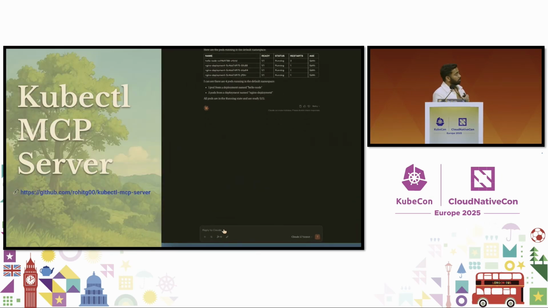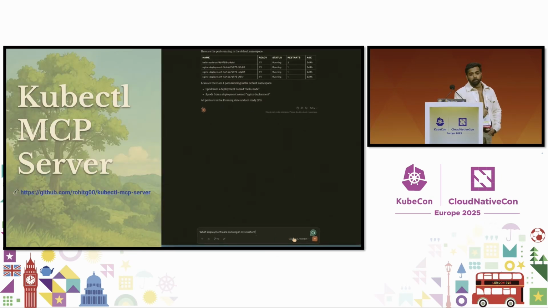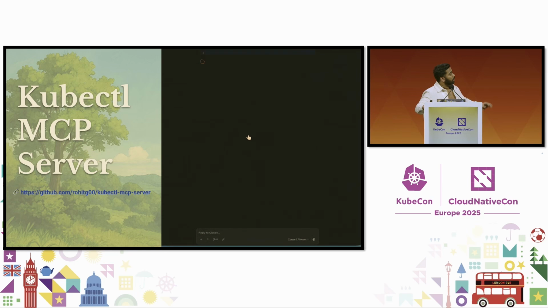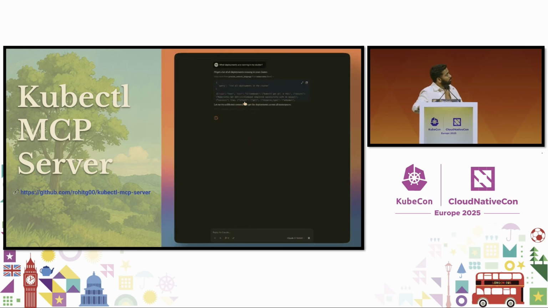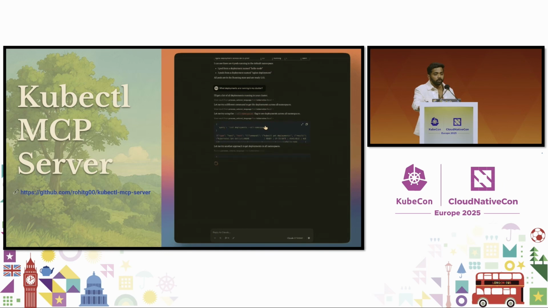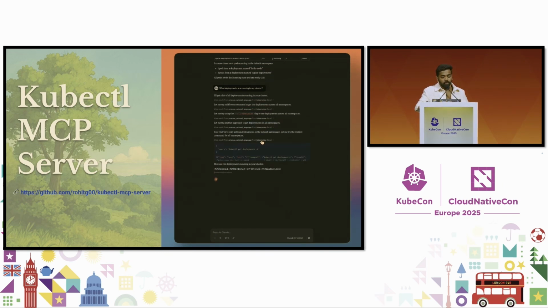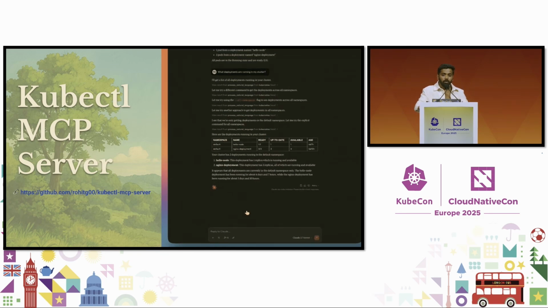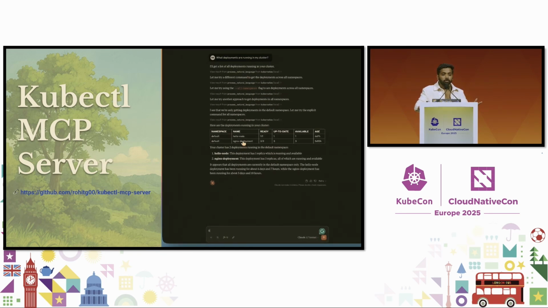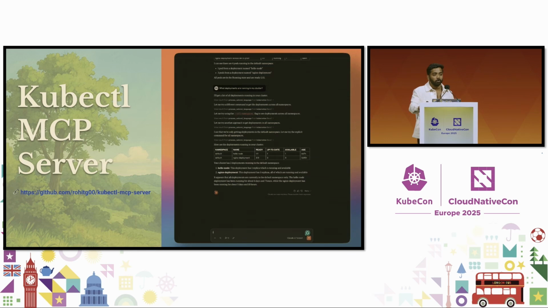This is the demo for the kubectl MCP server. Here you can see I don't have to type any kubectl commands. I just type, can you show me crashed pods in my system, or list deployments in my cluster, and it runs all of the kubectl commands on its own and gives me the answer. So I don't have to go through the entire thing.